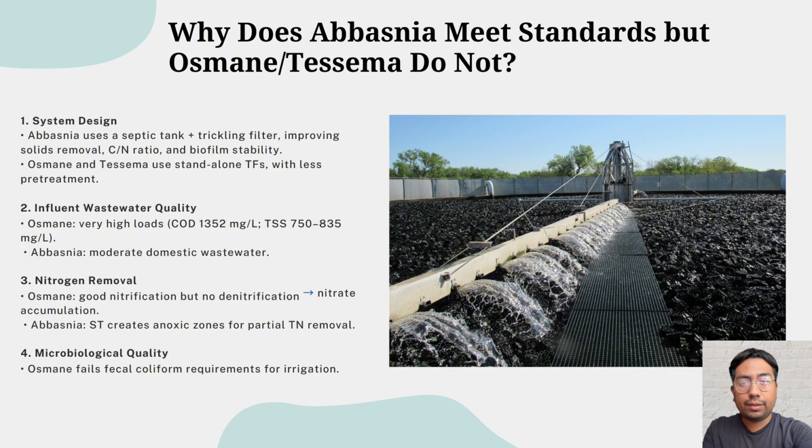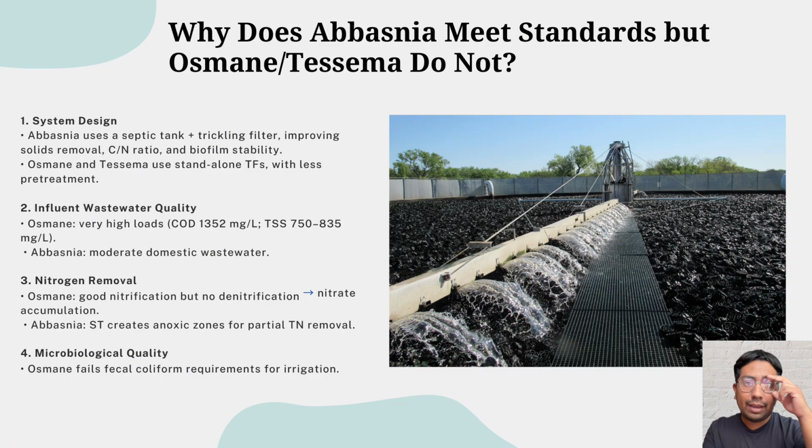Second, regarding nitrogen removal, Usmain's system achieves nitrification but not denitrification, so nitrates accumulate. Iván's septic tank creates anoxic conditions that allow partial denitrification, leading to better nitrogen control.